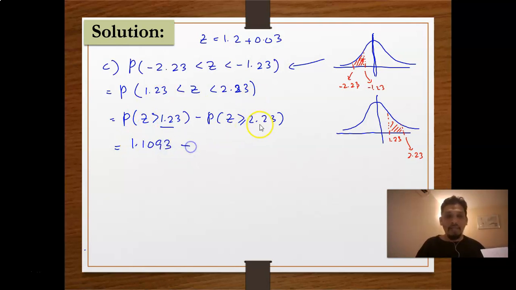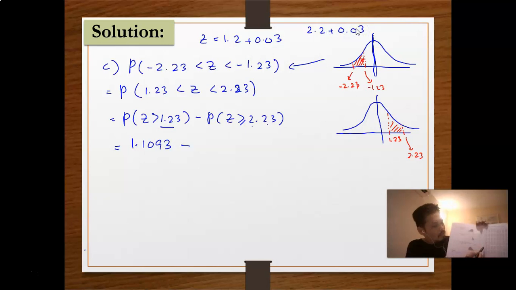0.1093 minus the value for 2.23, which means that is 2.2 plus 0.03. So 2.2, and then 0.00, 0.01, 0.02, 0.03, which gives 0.0129.